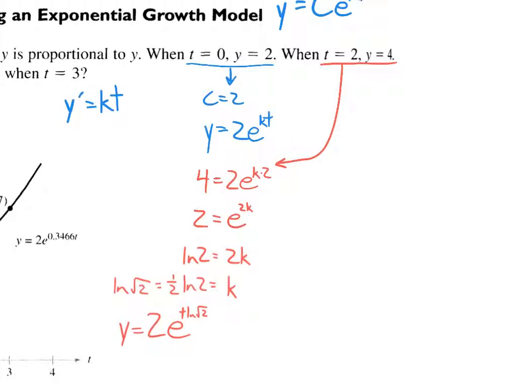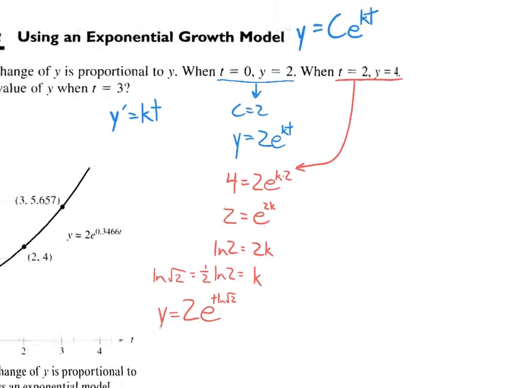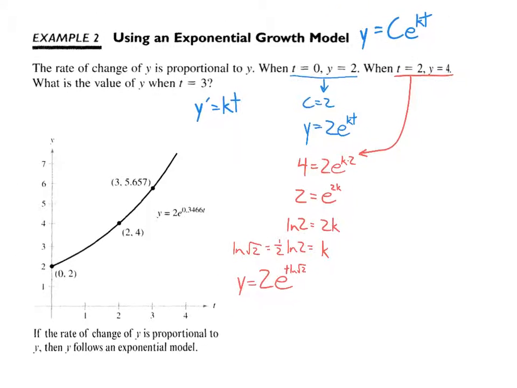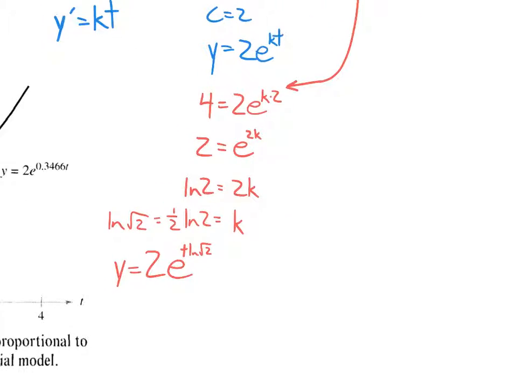Now, can that be simplified? Yes. We don't have to necessarily, because it says what is the value of y when t is 3. I can plug in 3 here and figure that out. So y of 3 is simply 2 times e to the 3 times ln of radical 2.